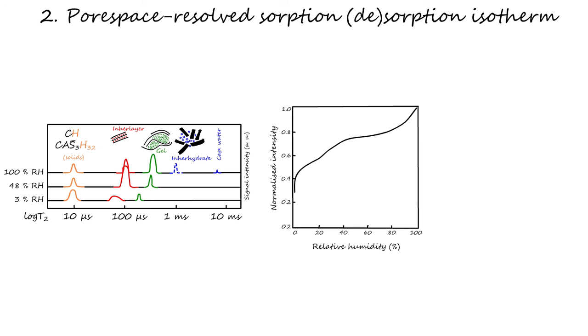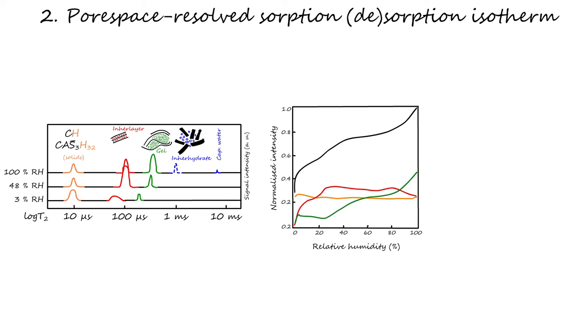However, since we now have access to the spectrum of relaxation times, we can plot the first desorption isotherm of each pore population individually by plotting the intensity of the peaks. Here is the desorption isotherm for the solids in orange, which remains almost constant. In red, the interlayer intensity is plotted, which appears to be constant down to 20% relative humidity.